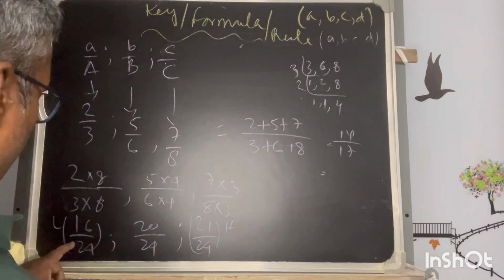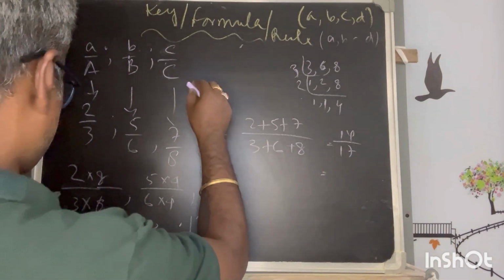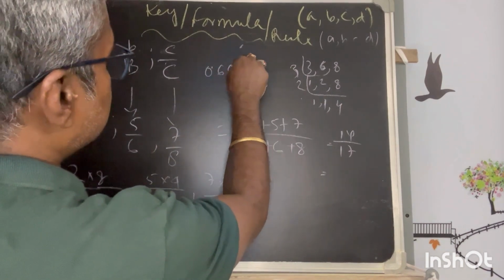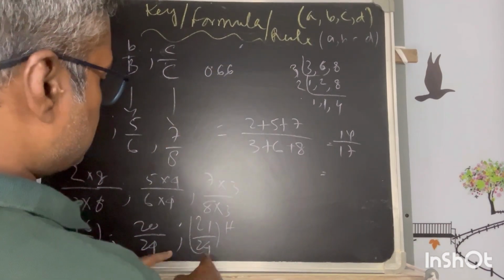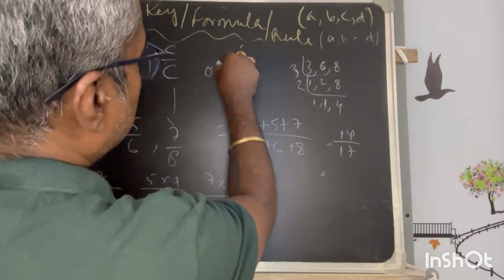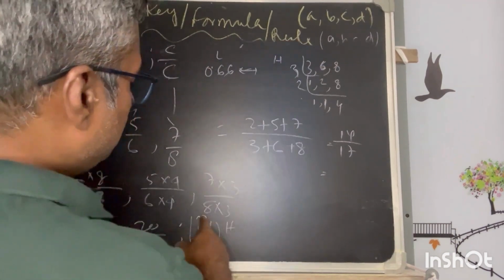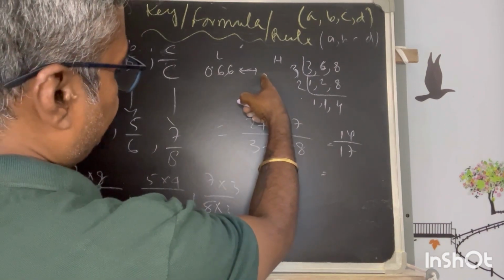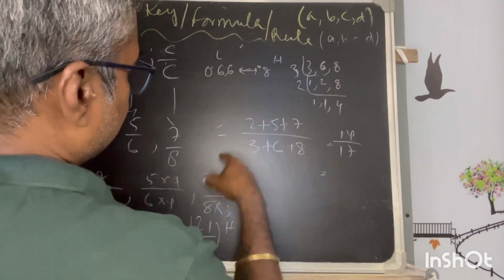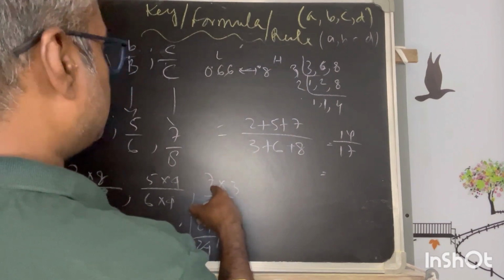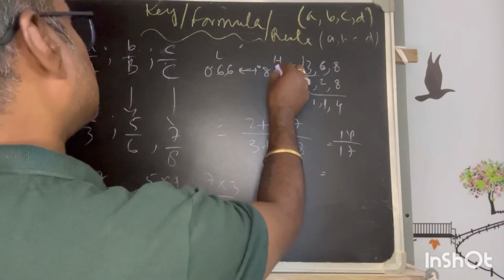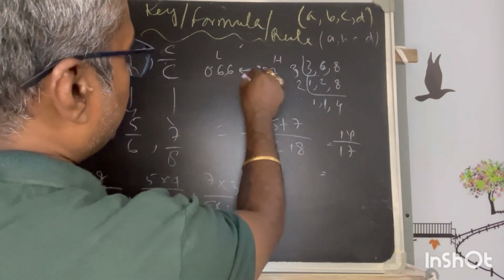So the lowest, if I take the average, is 2/3, that means almost 0.66. Okay, and the highest one is 7/8, approximately how much? I'm taking it to 2 decimals.